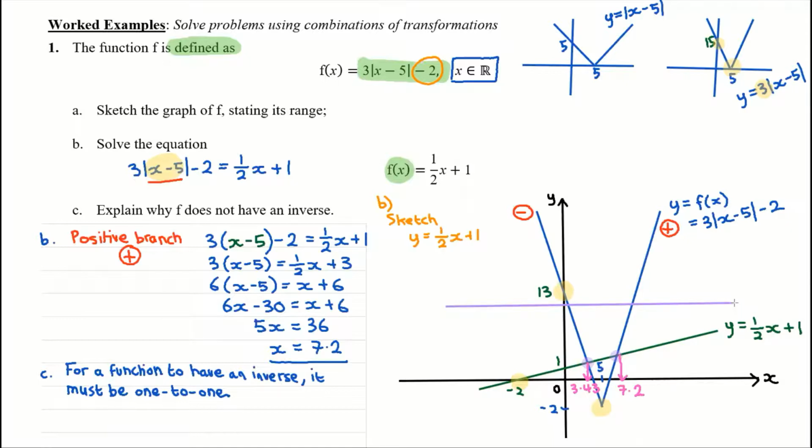Okay, so this is what we call a many-to-one mapping, because if there's two solutions to the equation when you draw a horizontal line, that means that two x values map to the same y value. So you can say that explicitly.